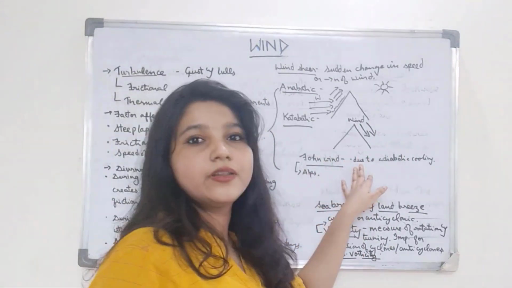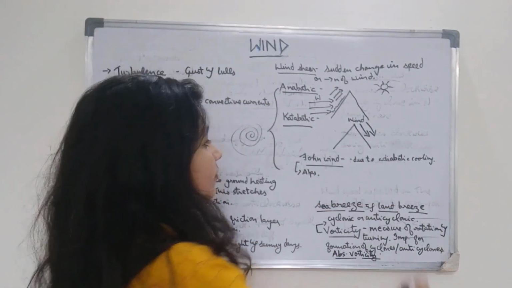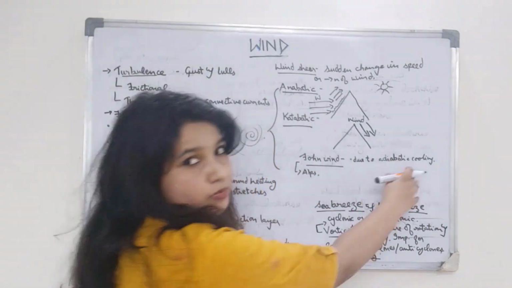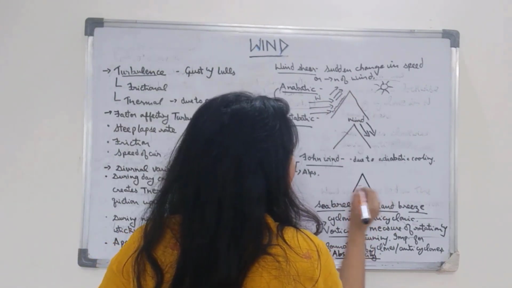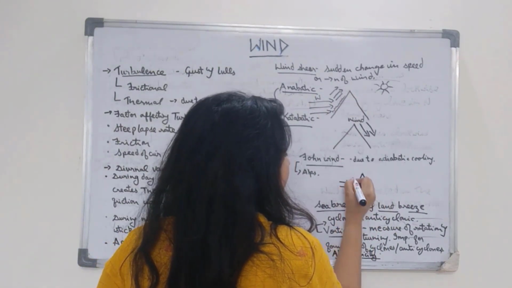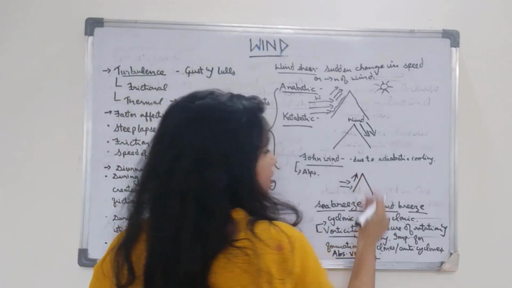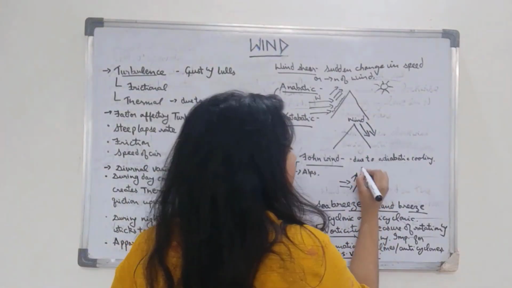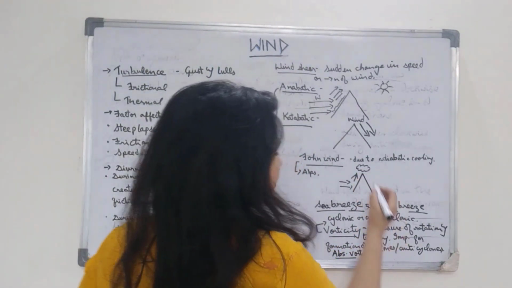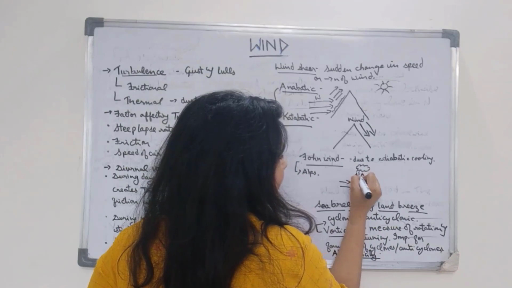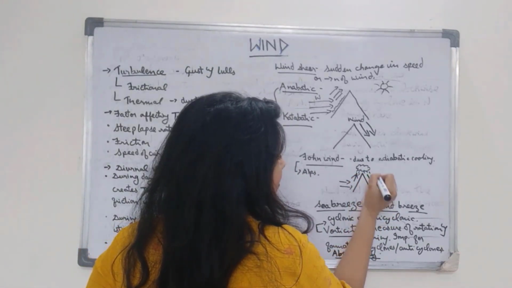Now foehn wind is related to precipitation and convection. It is due to adiabatic cooling. When this hot wind rises up, a lot of precipitation is formed because of cooling. Then it will rain, and the warm wind will come down.